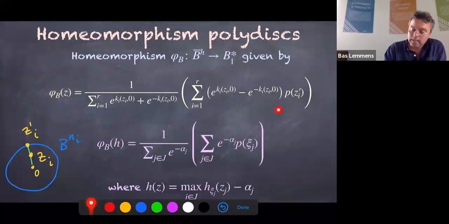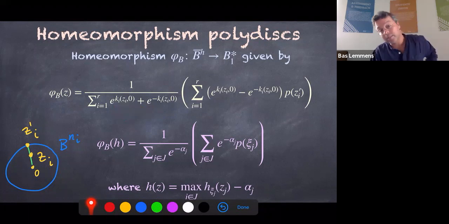And then I have to normalize this. This is just a normalizing constant here. Well, it's not to make it a convex combination, it's to make sure I still live in the ball.